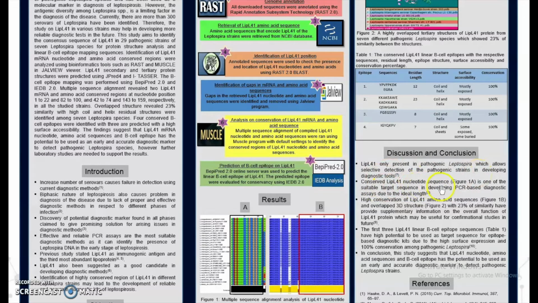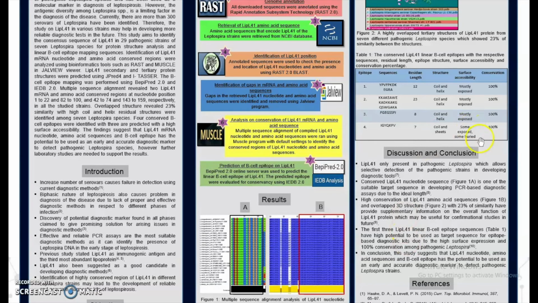Conserved LipL41 nucleotide sequence, which is seen in Figure 1A, is one of the suitable target sequences for developing PCR-based diagnostic assays due to the ideal length. Then high conservation was seen in LipL41 amino acid sequence in 1B and also overlap tertiary structure have provided supplementary information on the overall function of LipL41 protein that is useful for conformational studies in the future.